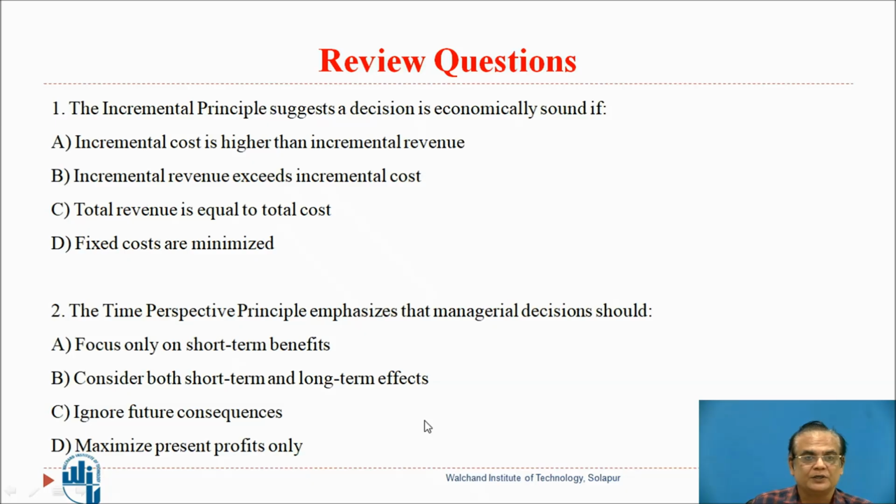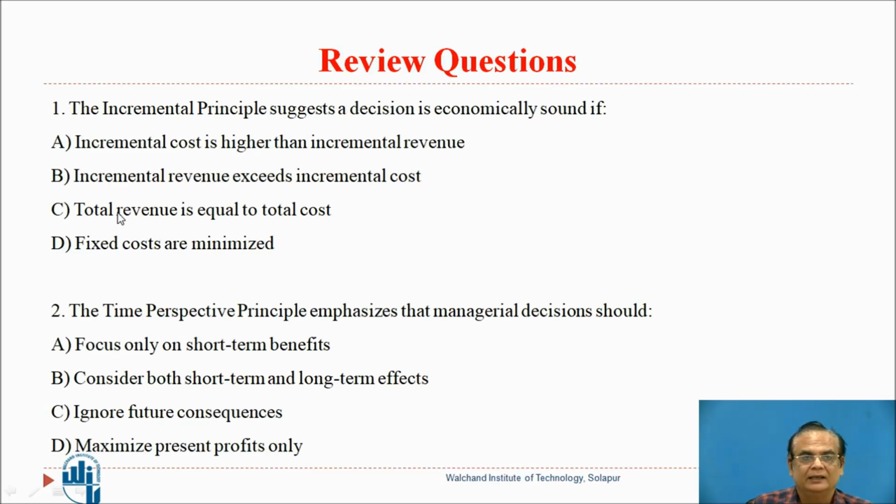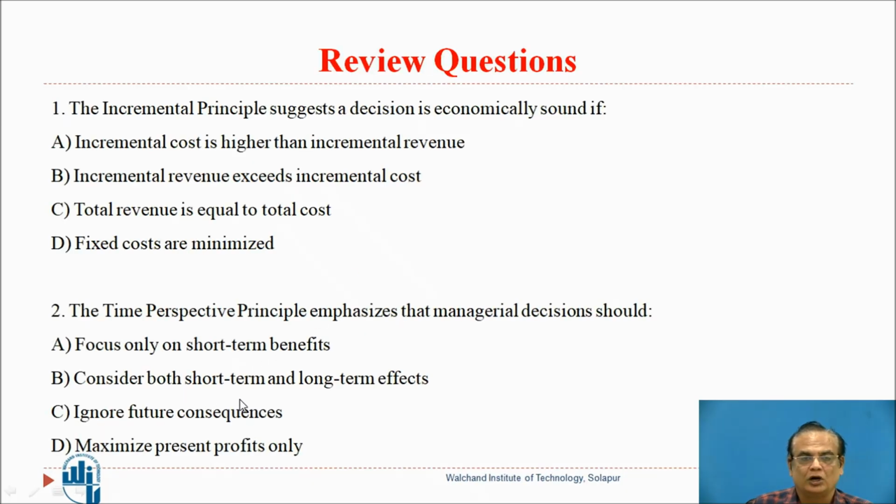Pick out the correct options. These are the correct options. Question number 1, B: incremental revenue exceeds incremental cost. Question number 2 is also B: consider both short term and long term effects. So these are the answers to the questions. Hope you have written them correctly.